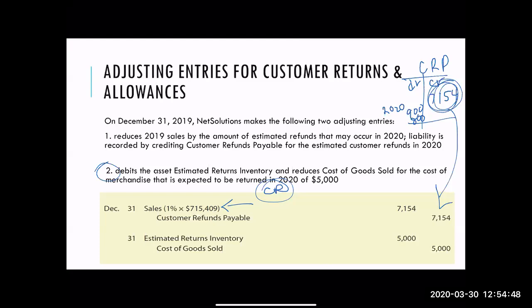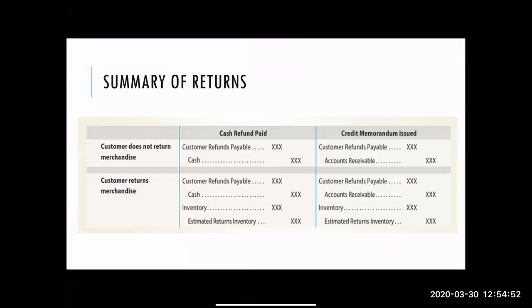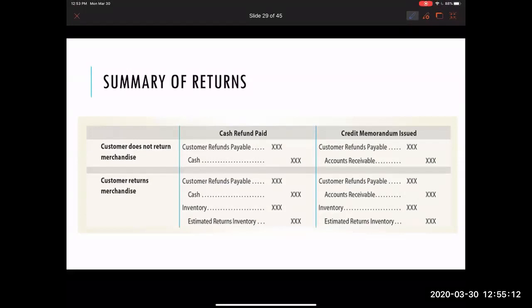Okay. So lastly, what I want to make sure I show you guys is this table, which you can also find in your book. This table is a really good snapshot of what you should be looking at if it's just a refund, or is it a refund plus a return of inventory. In our first one, this is when the customer does not return inventory.